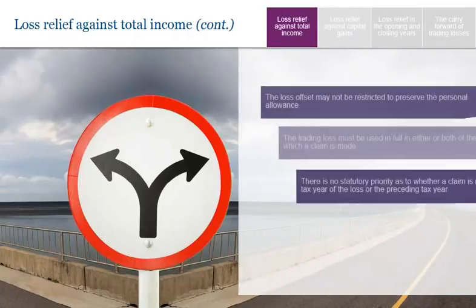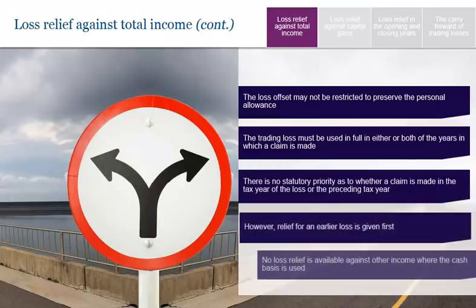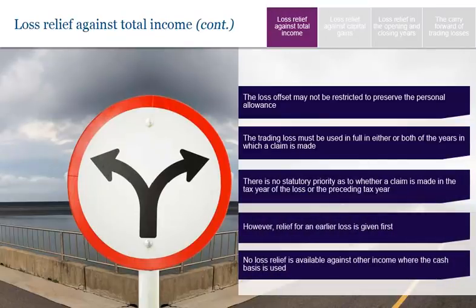To reiterate, this first loss relief is flexible in terms of the tax year in which the relief is available. However, the amount of the trading loss that can be offset cannot be restricted in any year. Whilst the taxpayer can choose the order of claims, the amount of relief cannot be restricted, for example, to preserve the personal allowance in a particular year.